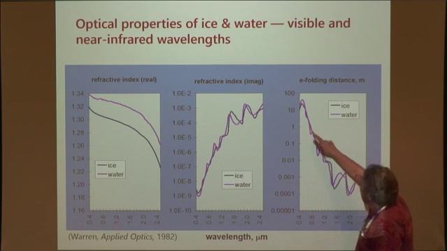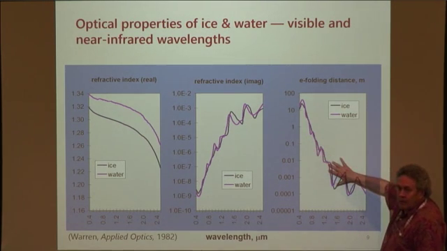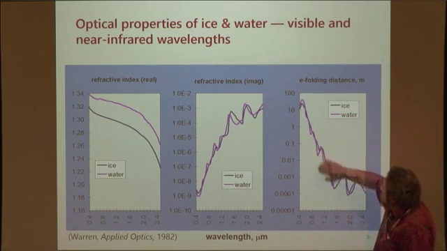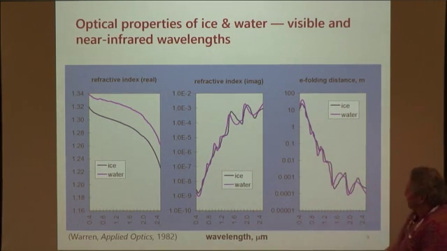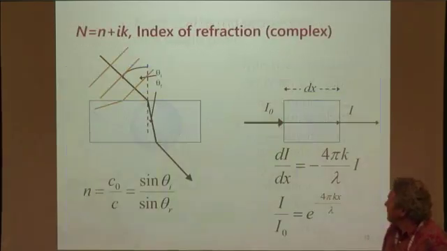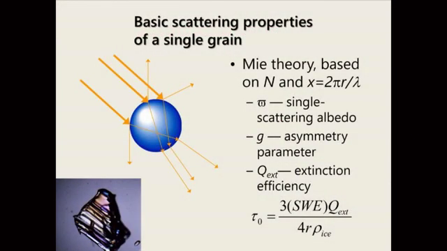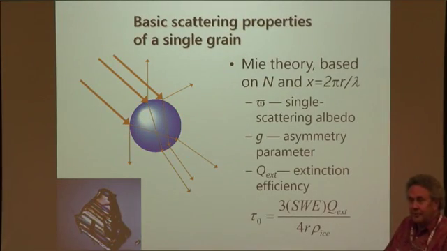Whereas when you get out to the longer wavelengths, that number gets down to less than a millimeter, right? And the consequence of that is we can then put those kinds of numbers into a calculation of the scattering properties of an individual snow grain.